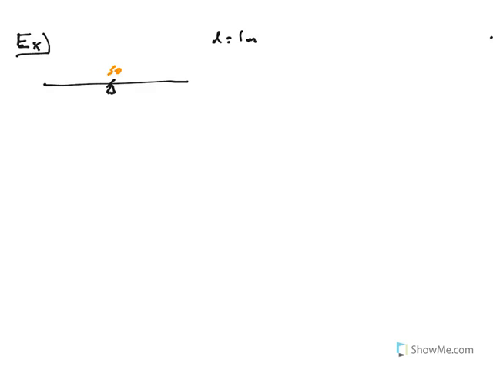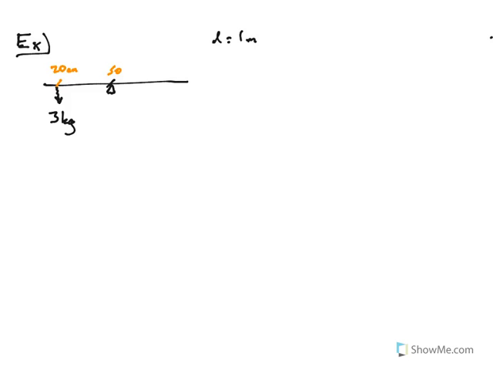And what am I going to do? I'm going to hang a weight from this meter stick over here. Let's let the weight be 3 kilograms, and I place this weight at, let's say, the 20 centimeter mark.